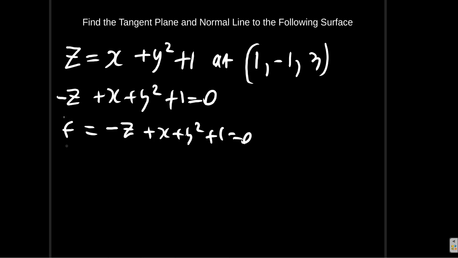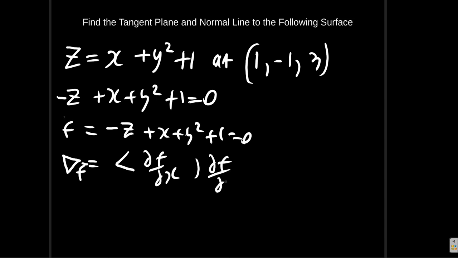We're going to call this F. Now the gradient of F is equal to the partial derivative of F with respect to x, the partial derivative of F with respect to y, and the partial derivative of F with respect to z. So that is a vector.